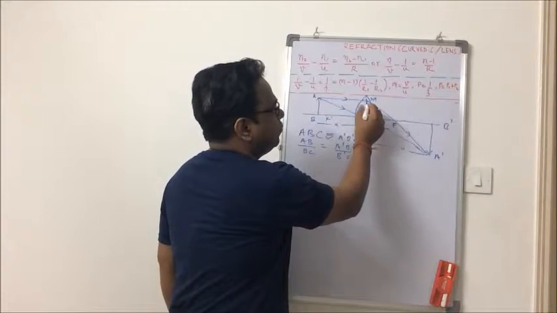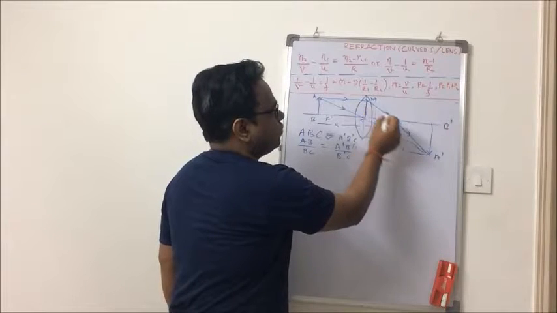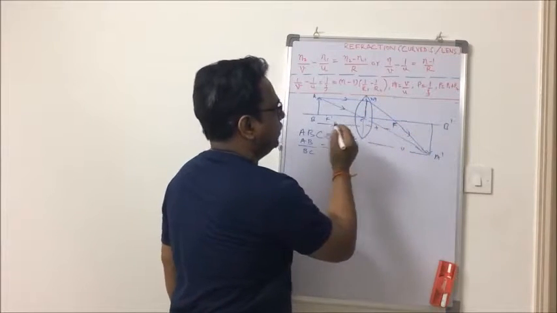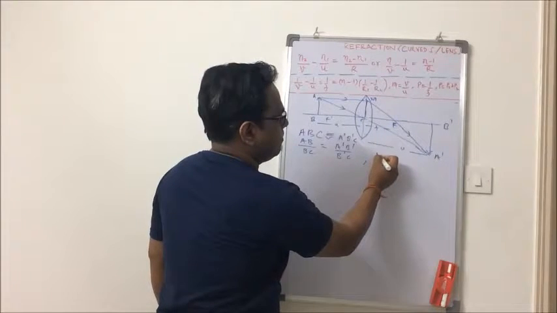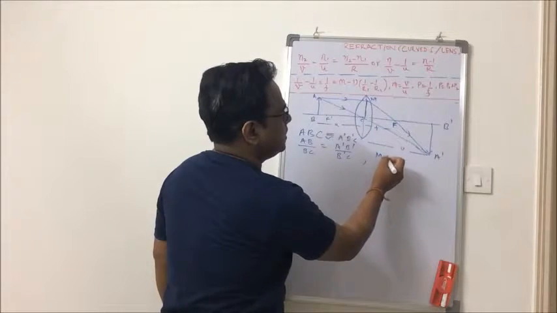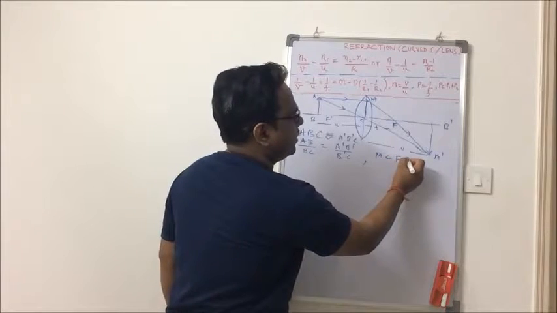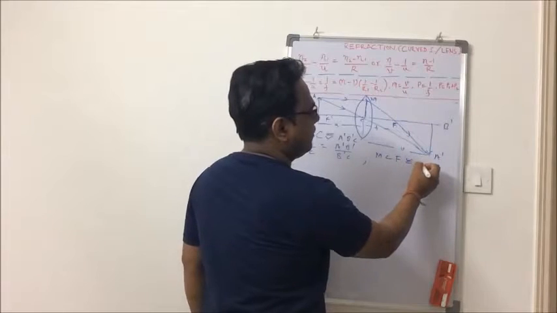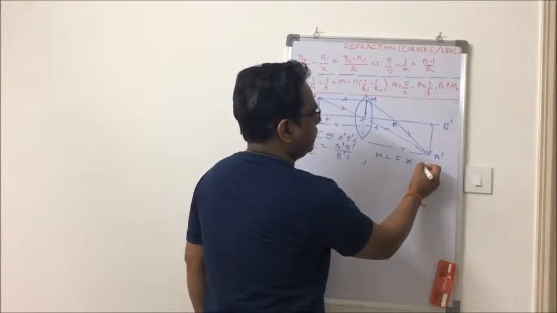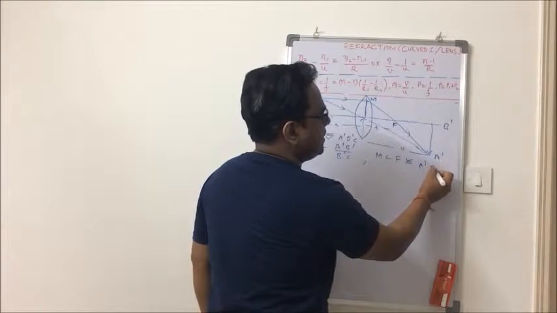So another triangle would be this one and this one, which, let's say I will write here, MCF is similar to triangle FA dash B dash.